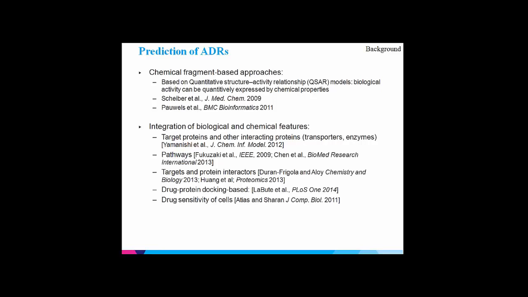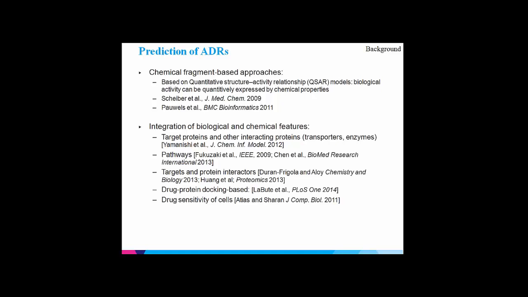There have been many previous efforts that people have made to predict ADRs, and initially people used chemical fragment-based approaches to study ADRs. Those models are based on the quantitative structure activity relationship, or QSAR models, and these models assume that the biological activity of small molecule compounds can be quantitatively expressed by the chemical properties of the compound.